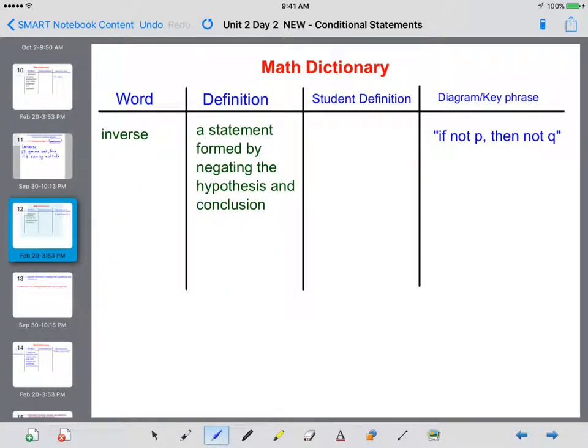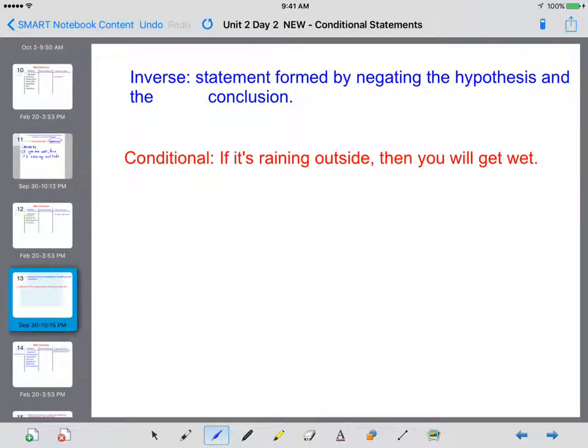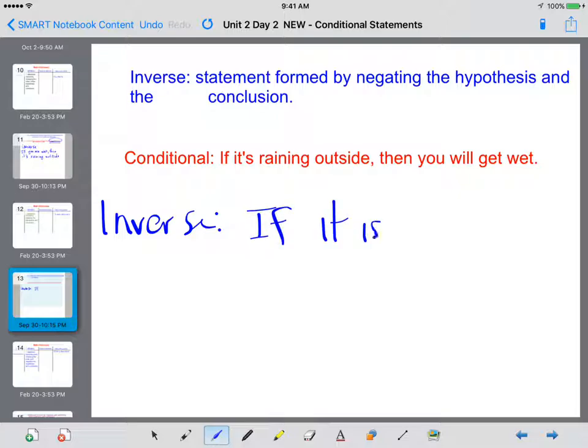Next one, the inverse. The inverse is a statement formed by negating a hypothesis and conclusion. So changing what it means. So if not P, then not Q. So if our conditional is if it's raining outside, then you will get wet. The inverse would be if it is not, I'm only writing not in capitals to show you that we're negating it.